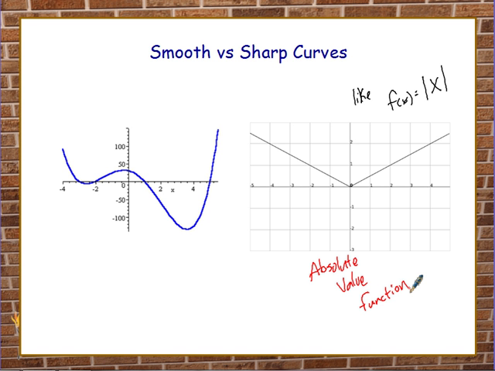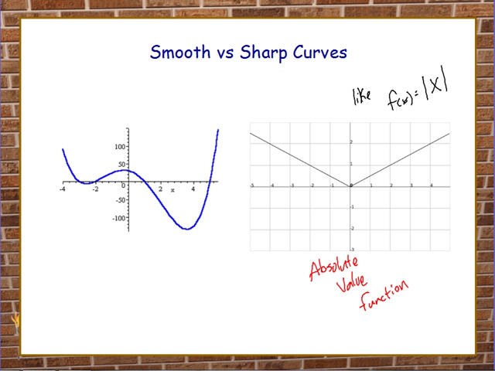Notice, it has a sharp curve because it comes straight down to 0 and then straight out in a linear fashion. It's not smooth. It's not even curvaceous. It's more linear than anything. But we would say that this is not continuous because it has that sharp curve. Okay? So, by definition, I'm showing you these things because we're building a definition here.